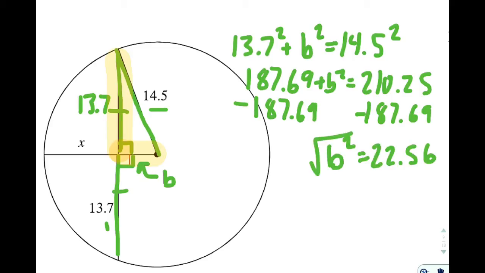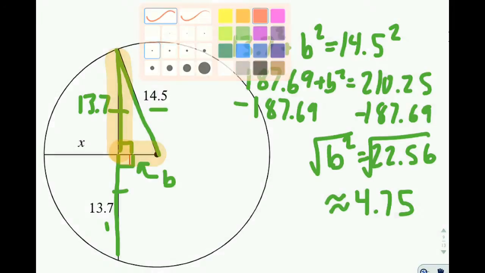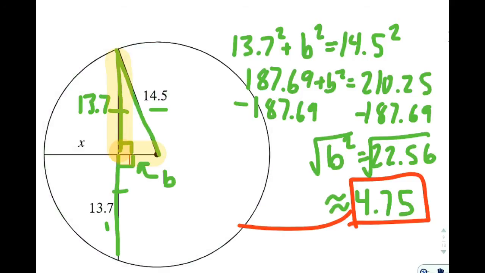And then when I square root both sides to get b alone, I get approximately 4.75. This is not an exact answer. You'll see in your calculators if you work this out that it's going to be a rounded answer. So I'll round it off to 2 decimal places. That's b. So this right here is this length right there.